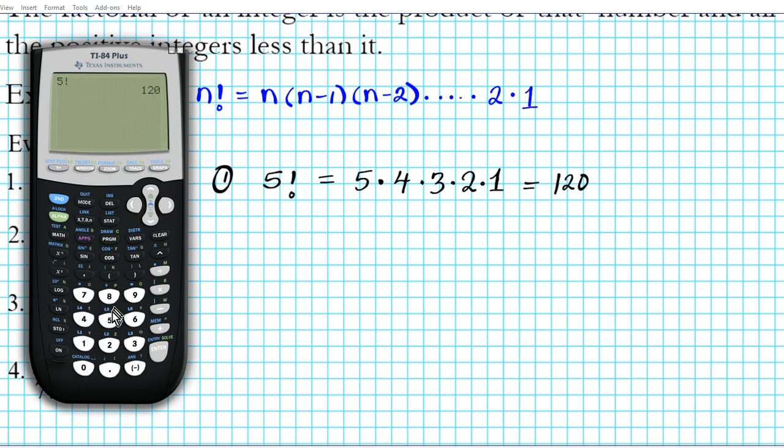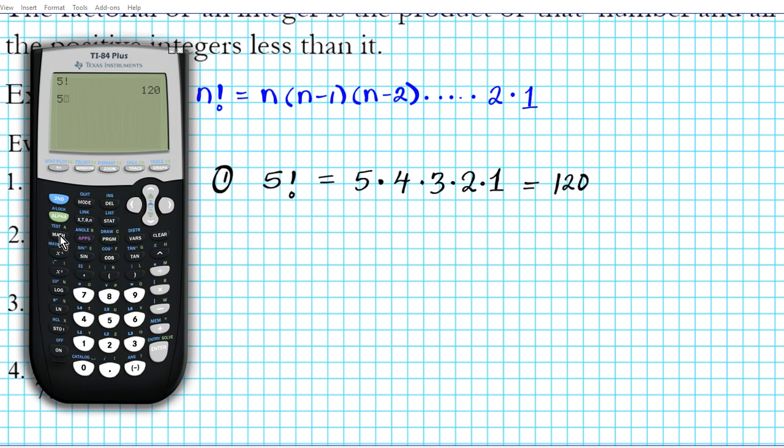Now another way you can find the factorial operation is in the probability menu under math. That's a little bit faster. So let's go over that. So if you take a look at your first column on the left, the third button is math underneath alpha right here. So that math button gives you access to different math functions and operations.